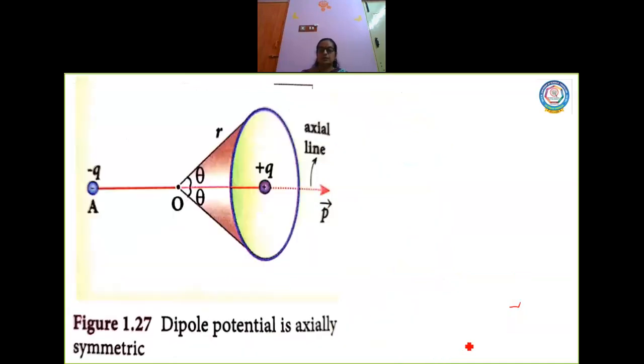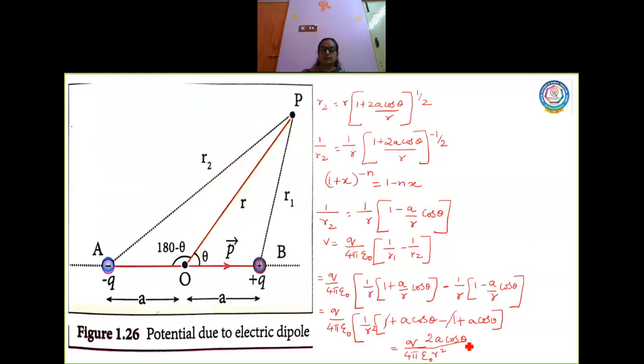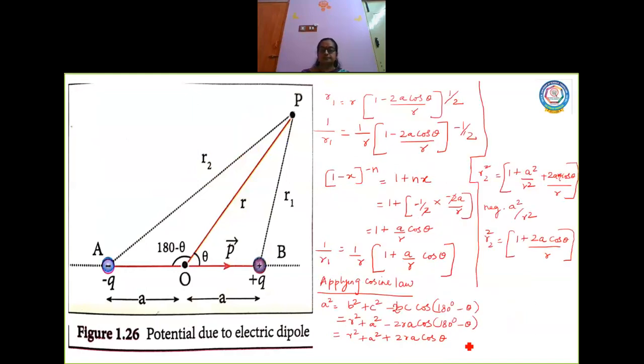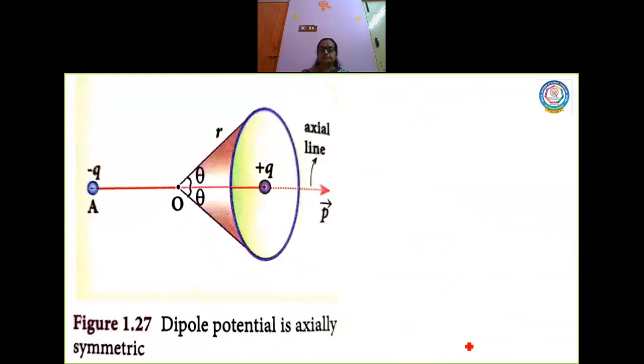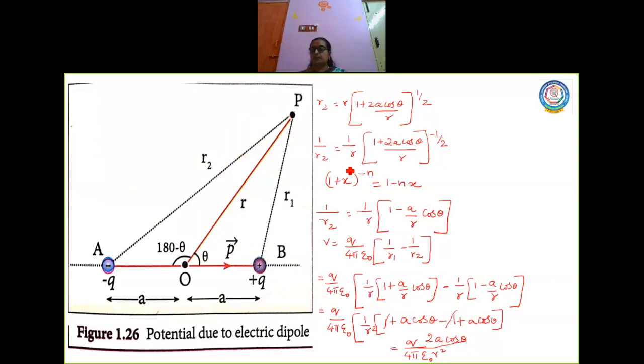I'll write this formula once again. Here. So V is equal to Q by 4 pi epsilon naught 2a cos theta by r square. So this is the equation for the potential.